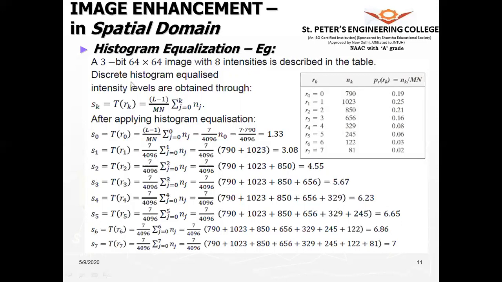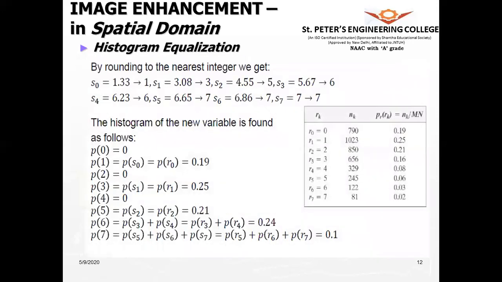Next, we perform the discrete histogram equalization. We calculate S0, S1, and so on using this formula, as shown here. We get the corresponding S0 as 1.33, S1 as 3.08, and so on. After obtaining these values, we round them off to the nearest integer.